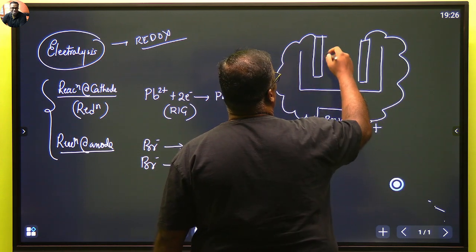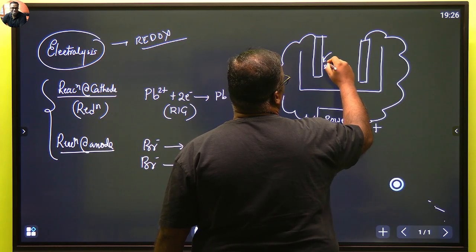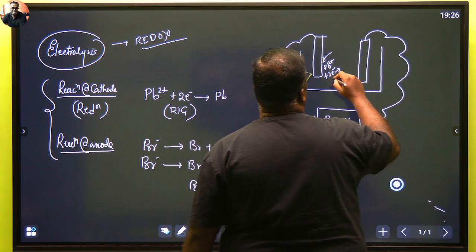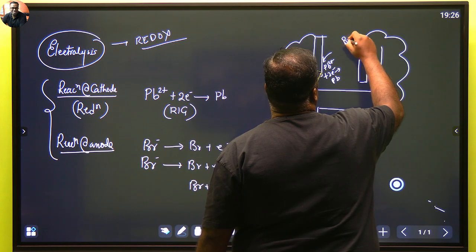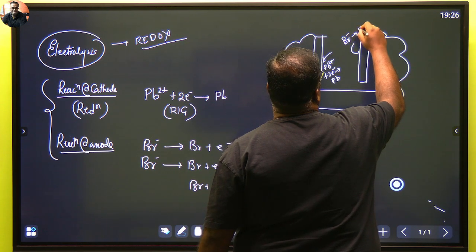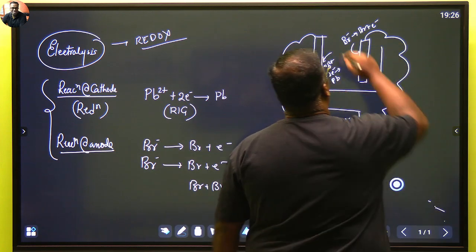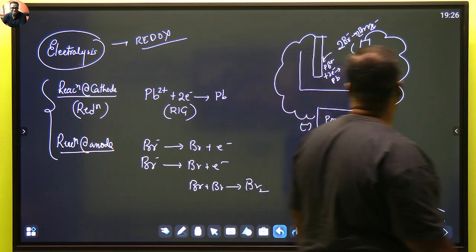So out here, what do we see? In this, the reaction that is happening is Pb2+ gains 2 electrons and gives you Pb. And out here, what is the reaction? Br minus becomes Br and gives 1 electron. To make it better, I am writing 2Br, 2Br, 2 electrons because it has to balance.